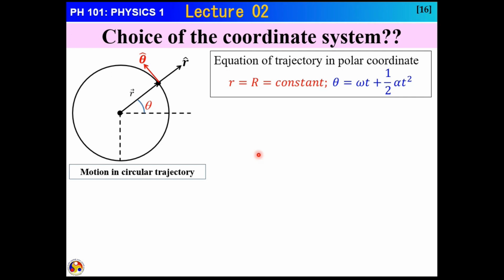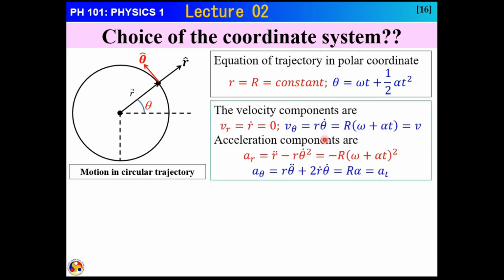For example, if you are having a circular motion, in order to describe a particle in the Cartesian coordinate system, you need two parameters, x and y, which will be varying with time. However, if you are choosing the polar coordinate system, you don't have to worry about one parameter, which is r, which is going to be constant. You have to worry only about theta. So this is useful.